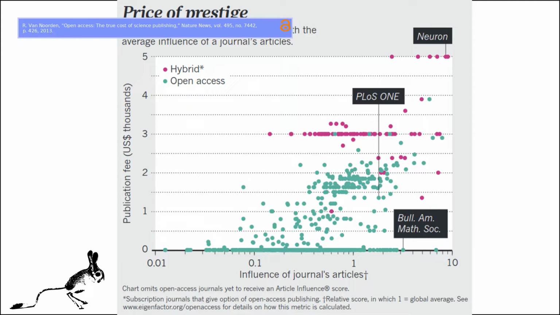Archive costs $800,000 per year to host, meaning $10 per article. And on average, fully open access publishers charged $660 per article in 2011. Notably, there is an unclear link between journal prestige and article processing charges, the cost charged to scientists, or subscription costs.